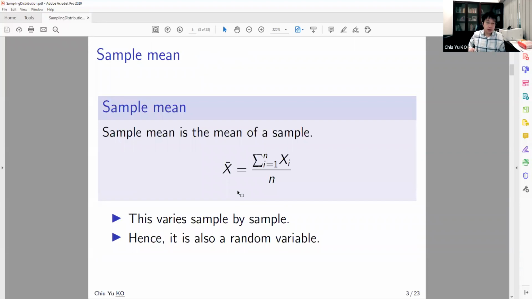The sample mean, which we covered last time, is the mean of the sample. Just add all the observations and divide by the sample size. Because each observation is a random variable by itself, the sum of random variables is still a random variable, so x bar is also a random variable, depending on what you have.